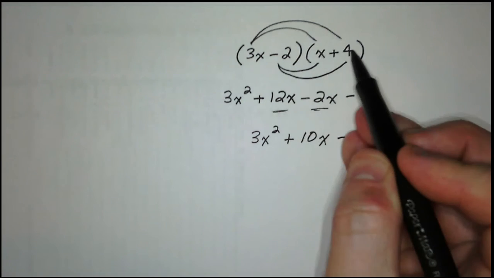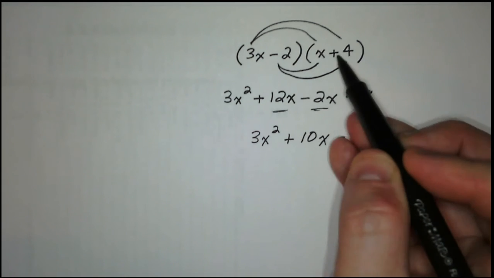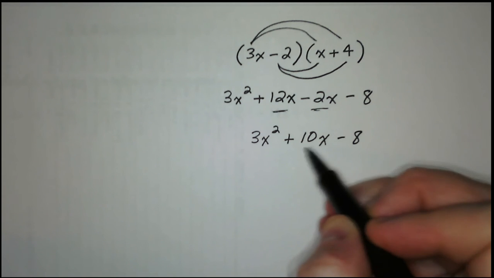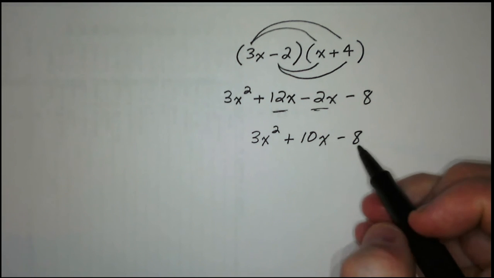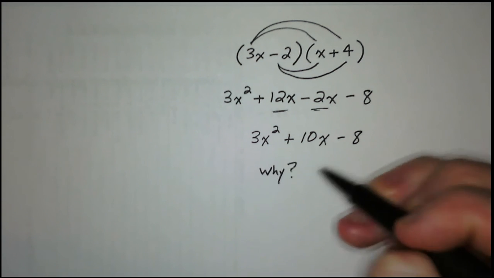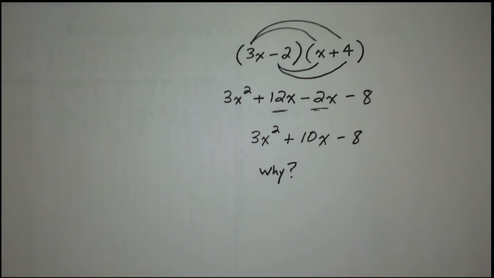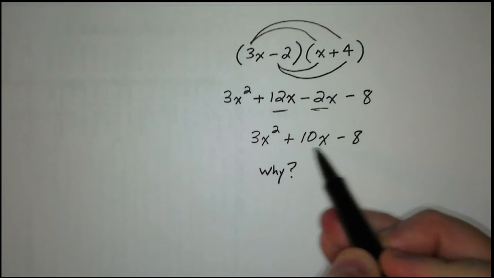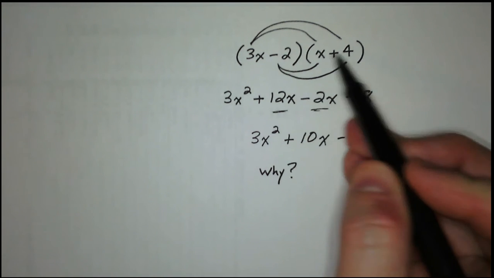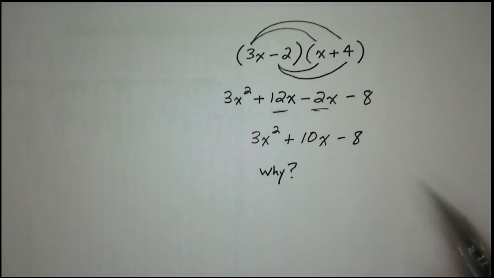So lately these two numbers have been multiplying to get that last number, and adding up to get that middle number. Why did that not happen here? Why is this middle number not a positive 2x, negative 2 plus 4? Why do we end up with a 10x?